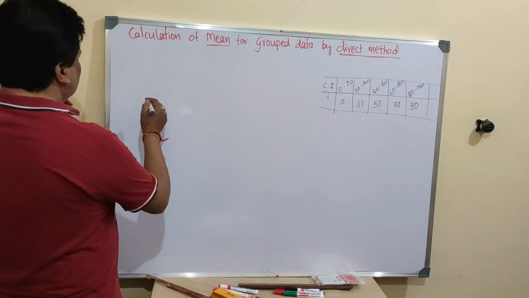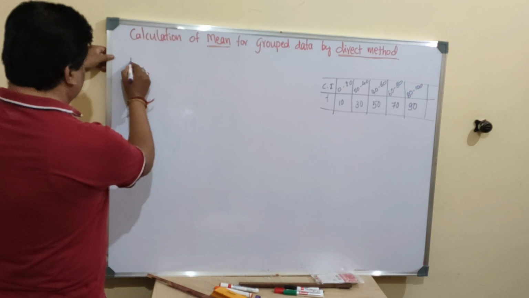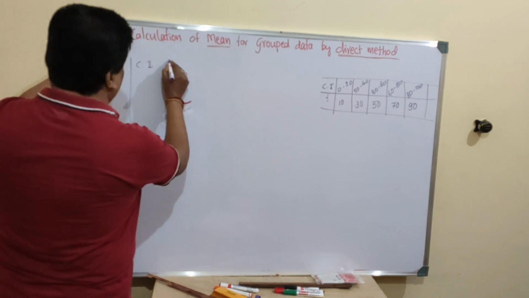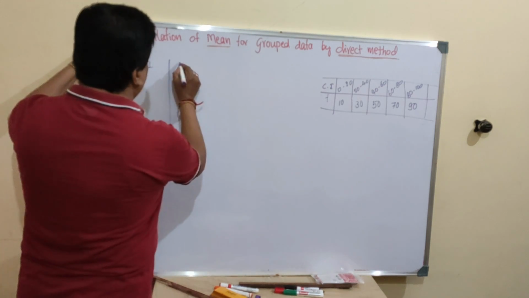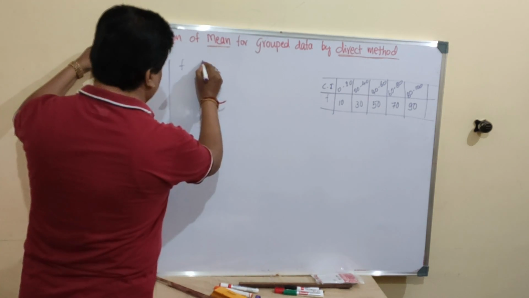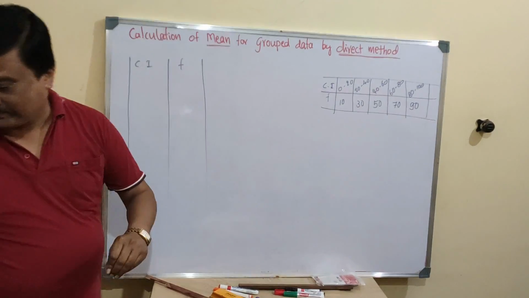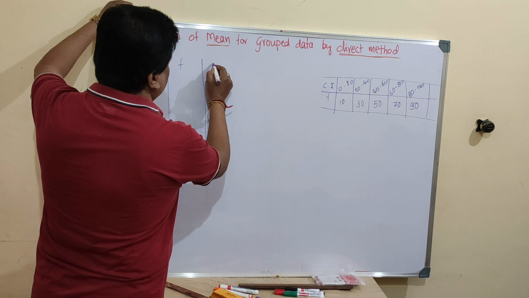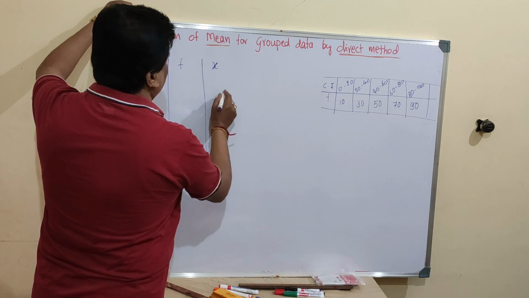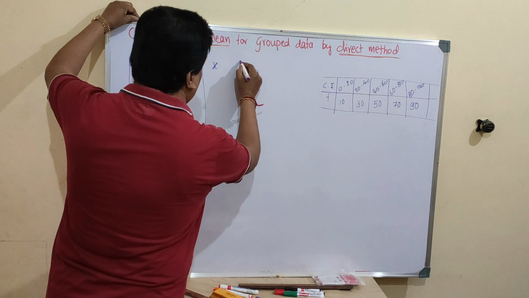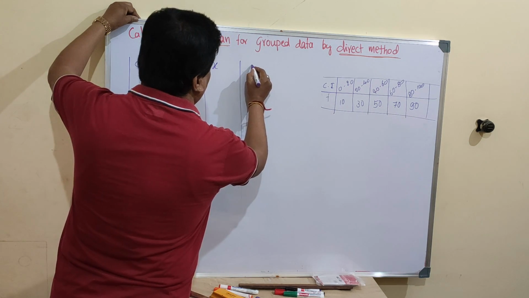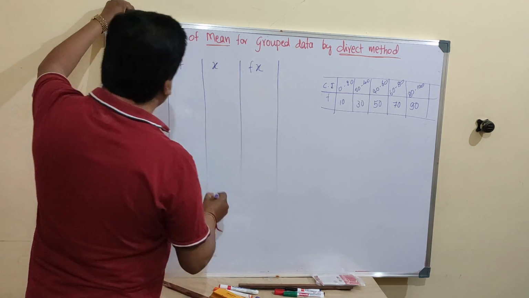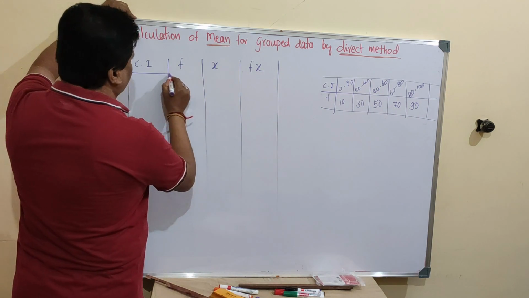First we should have the columns: class interval, frequency, class mark, or the midpoint of the class interval, and the product of those two, that is fx. So these are the columns we should take.